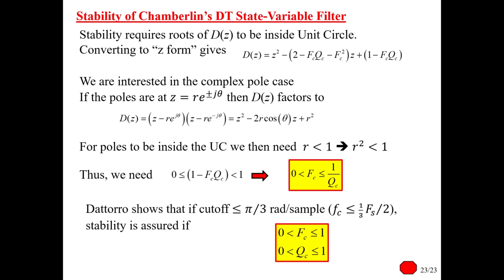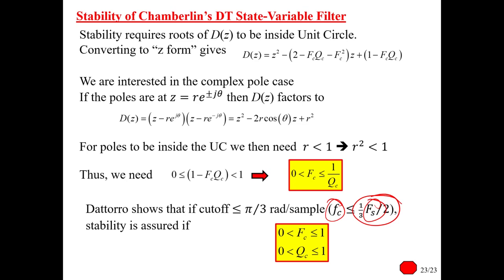Now, DeToro did a little analysis, and he said, well, we rarely run the cutoff up very high. So we might limit the cutoff frequency to be like 1/3 of the maximum frequency that we're sampling at, right? So, FS over 2. So FS is like 22-ish.